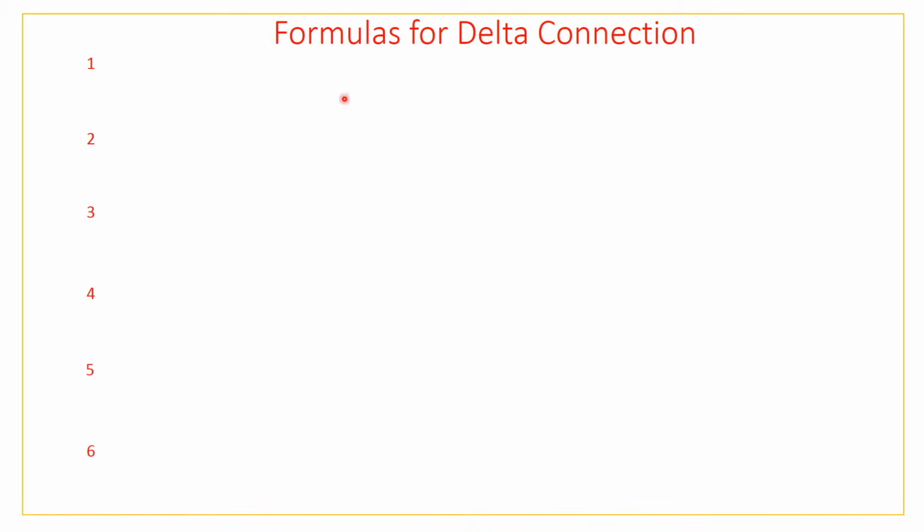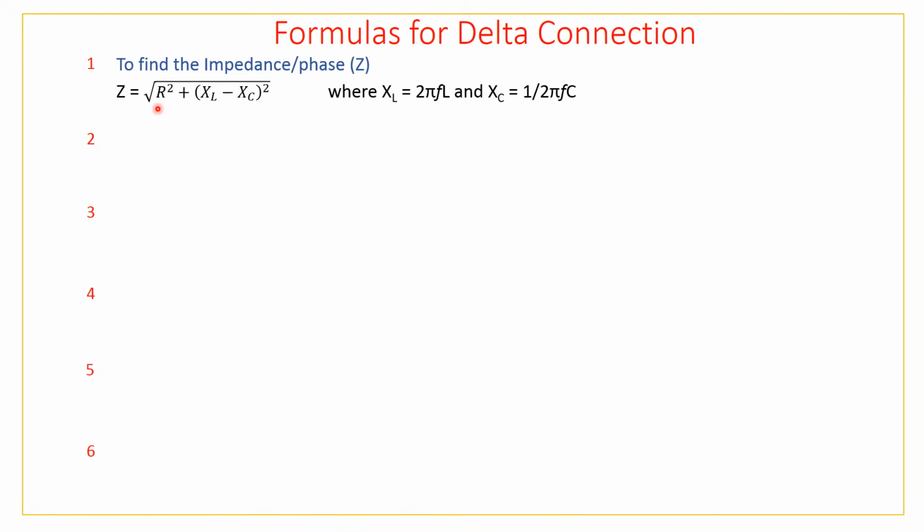Then comes the formula for delta connection. To find the impedance per phase, again Z is equal to root of R square plus XL minus XC square. The Z formula remains same for star as well as delta connection. Then comes to find the phase voltage. So here V phase is equal to VL.